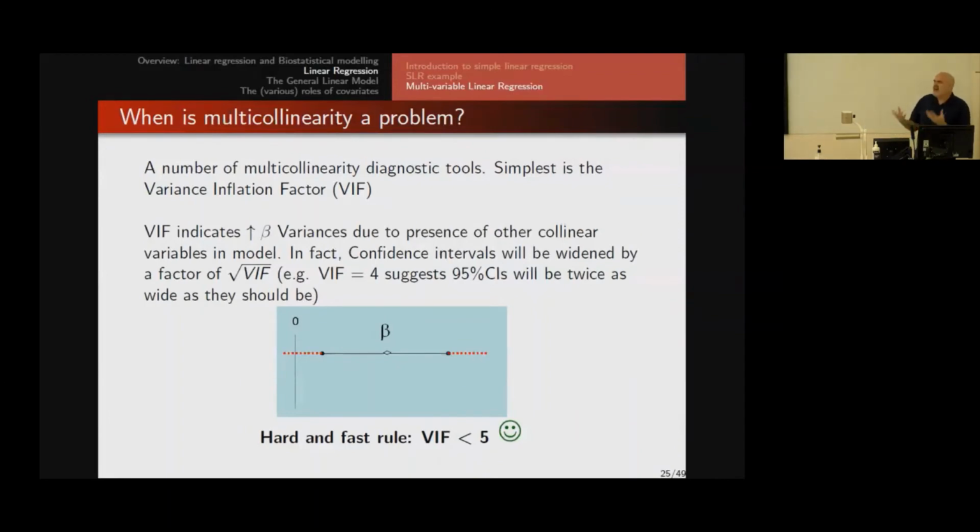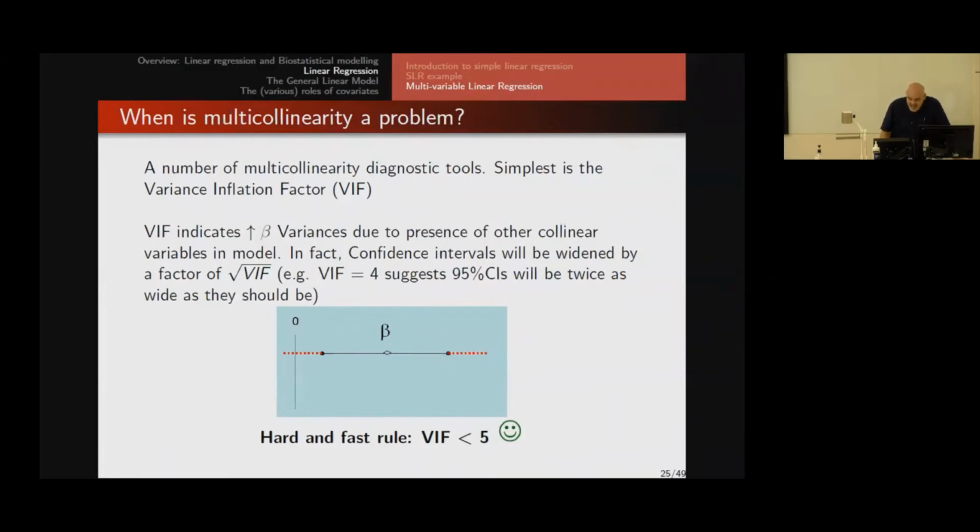In fact, I don't know why people don't use the square root of the VIF, which is really just the standard error expansion. But I don't know, there's probably a reason for it. Okay, what do you want to know? Being practical people who don't really want to necessarily know why, if VIF is less than 5, you're happy. Now, I've always thought that's very extreme.